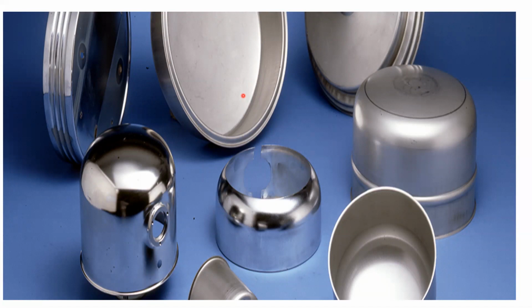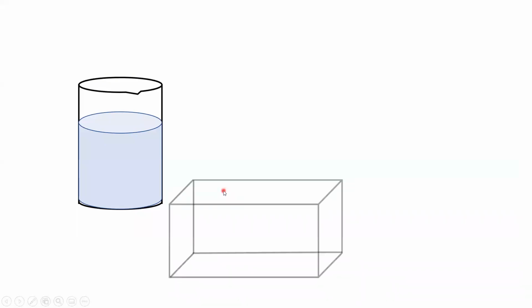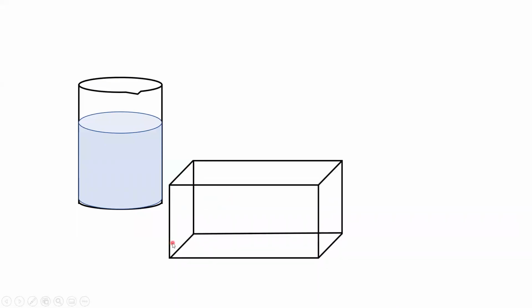Let us see. So here I have a beaker whose shape is a cylinder, and I had 2 liters of water in this beaker. And I had one more vessel which is in the shape of a cuboid. Now I'm going to pour the water from the beaker into this vessel.